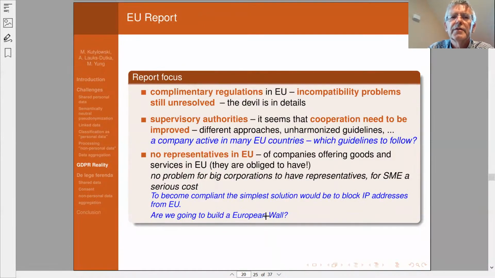The report's focus is that there are some problems with complementary regulation details that are different in different EU countries. There are problems with cooperation between supervisory authorities. They provide different opinions, different guidance. There are some detailed problems like small companies from outside Europe providing services here and having no representatives in the EU.